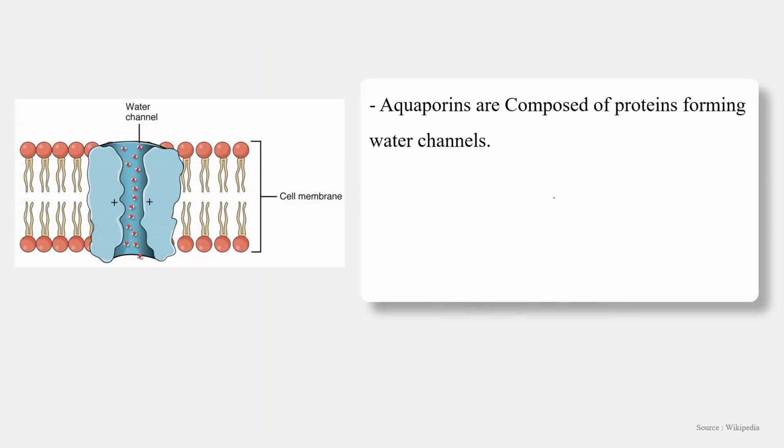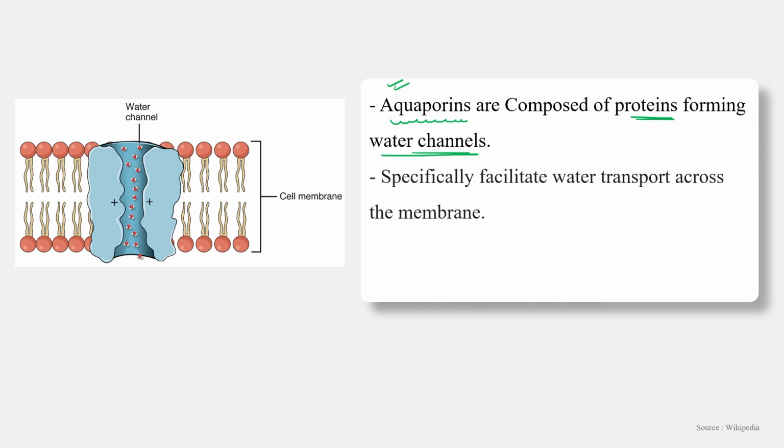Like aquaporins, these aquaporin or channel proteins are composed of proteins forming water channels, because the movement of water sometimes requires aquaporin. Specifically, aquaporins facilitate water transport across the membrane.